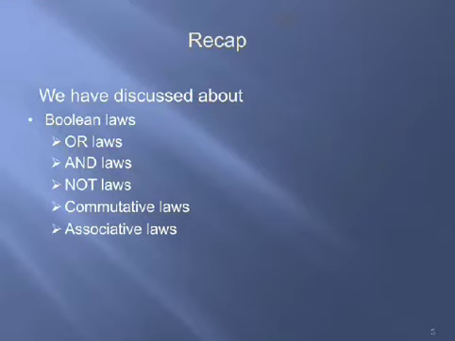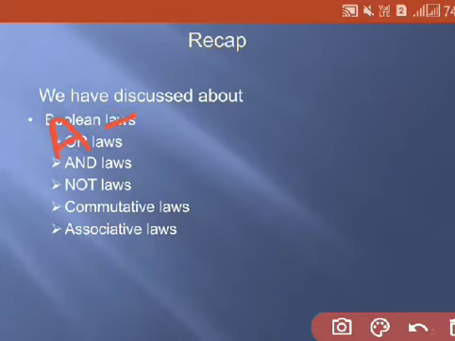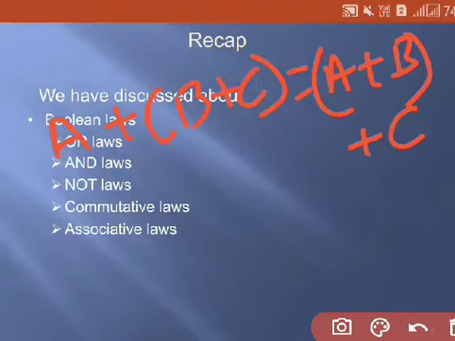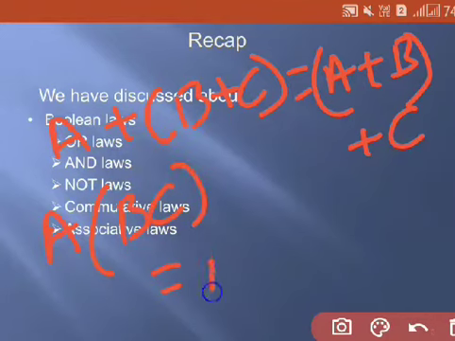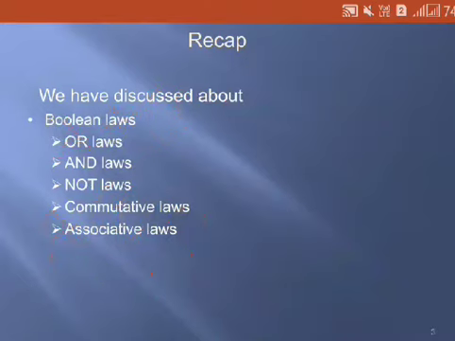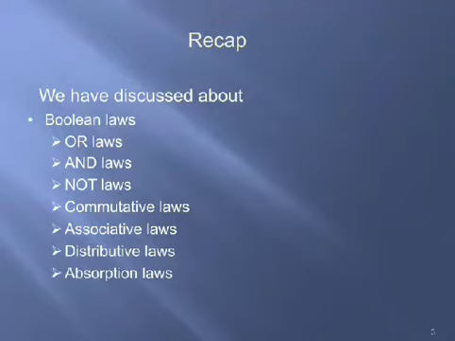Next, the associative law: a plus of b plus c is equal to a plus b plus c, or you can also have a into bc is equal to ab into c. And next, the distributive law and absorption laws, all of which we have seen in the previous class, which are mainly useful in the simplification of any type of Boolean expressions.